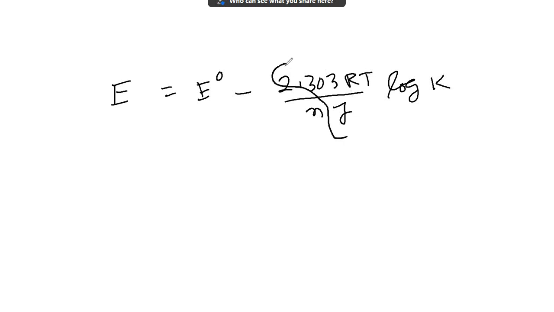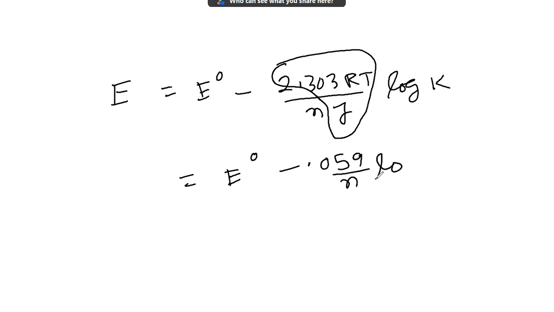The whole thing becomes 0.059. E equals E naught minus 0.059 by N log K. N is the number of electrons transferred, K is the equilibrium constant. In this case, I can determine the EMF of the cell.